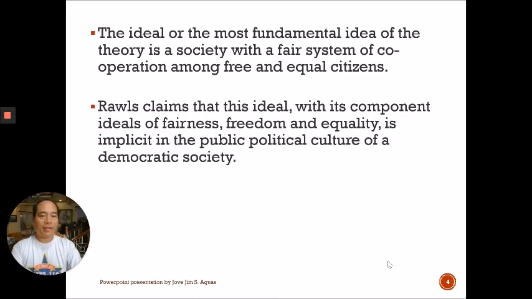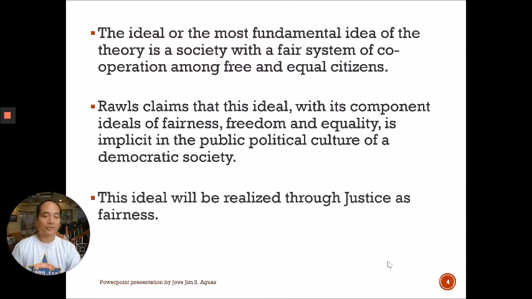So Rawls claims that this ideal, with its component ideals of fairness, freedom, and equality, is implicit in the public political culture of a democratic society. So again, we know that it's American, and of course, the idea of a democratic society of Rawls is based on his experience of a democratic society like America.